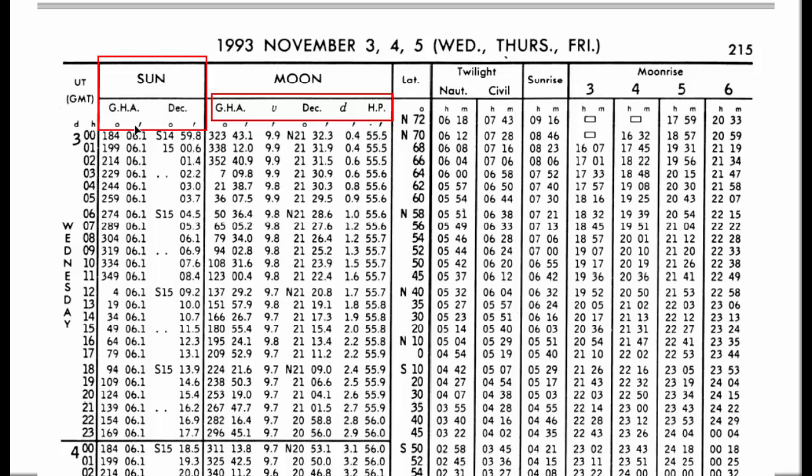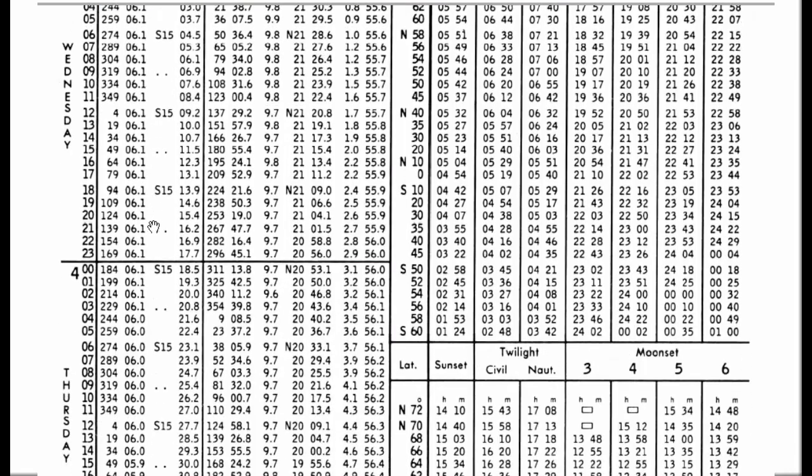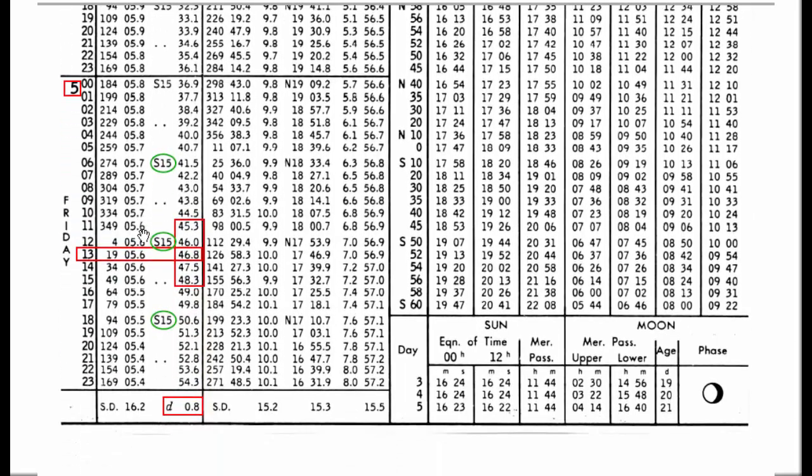So under sun, we see GHA in degrees and minutes, declination in degrees and minutes. And when you look at the declination, you see this south 15. That means south 15 degrees. Let's come down to November 5th, where I've got these circled. And they don't print the degrees, south 15 degrees, on every line. They skip every 6 lines.